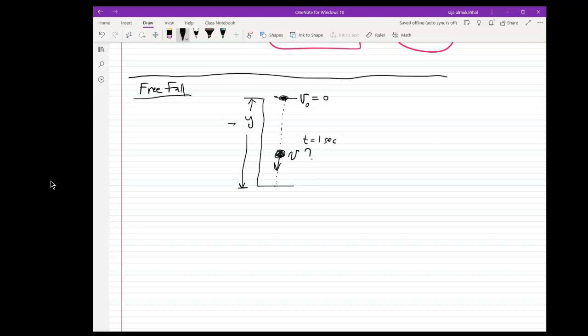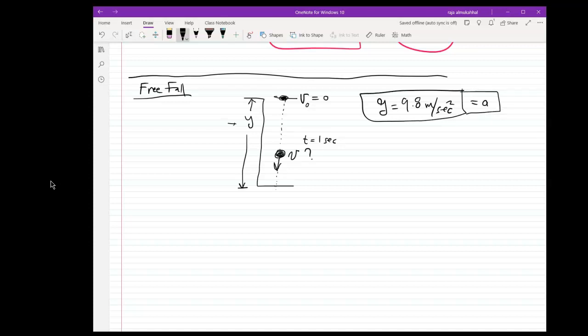The object is under the force of gravity, which has an acceleration called the acceleration due to gravity, g, equal to 9.8 meters per second squared.